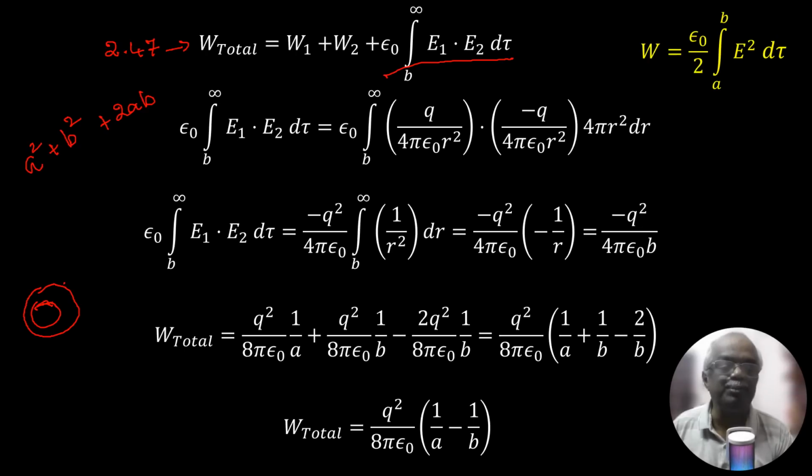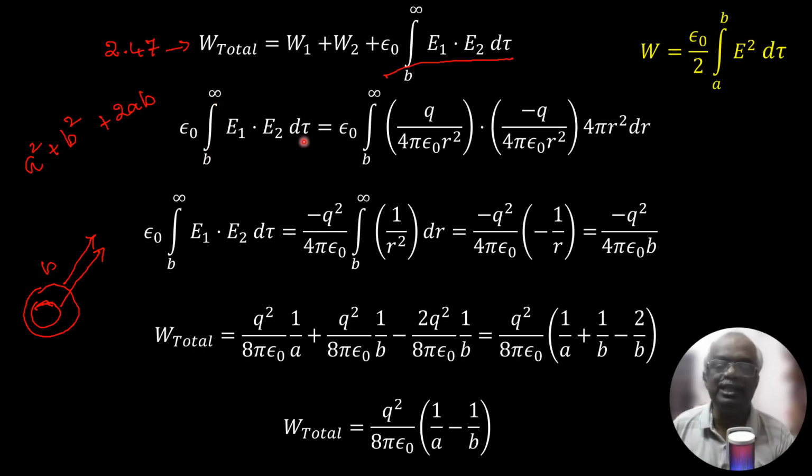So only after p will both fields be in the same direction. Otherwise the direction will be different. So naturally this dot product exists only when r is greater than p. So we have imposed that the minimum is p and the maximum is infinity.